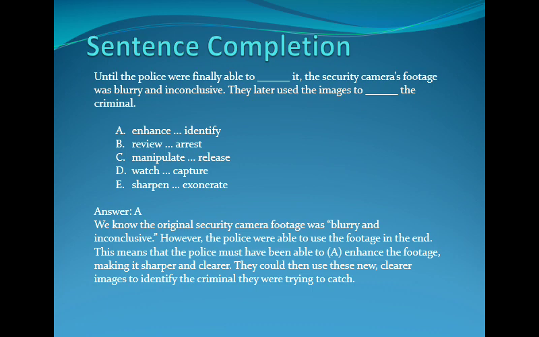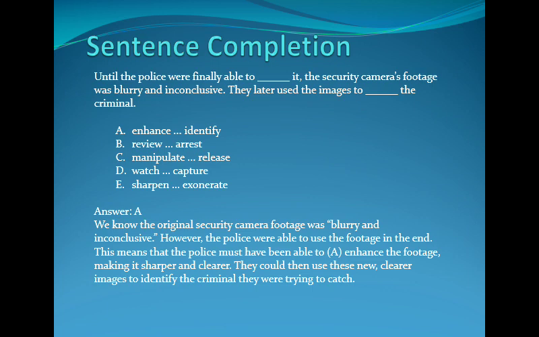They were not able to see the image properly. In case such things happen, you might have seen in movies that they enhance the image. They try to make the image clearer in order to identify the criminal. So it's pretty obvious that A is the correct choice. They enhance the image, and because of the enhancement, they were able to see the image clearly and identify the criminal.